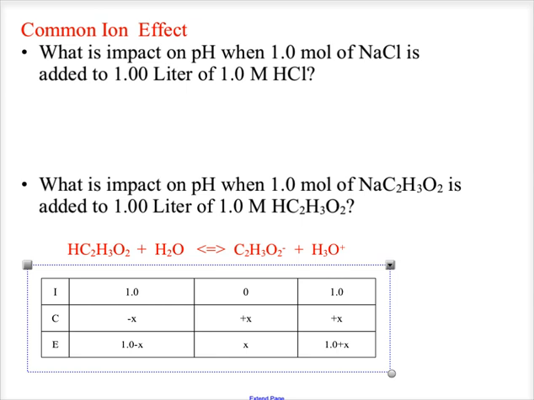The equilibrium is still the same, but now instead of starting with 0 products, we're starting with 1.0 molar. Oh, wait a minute, let me fix that. 1.0 here on the reactant side, and then this is the 0. Hydronium ion, likewise, down here.